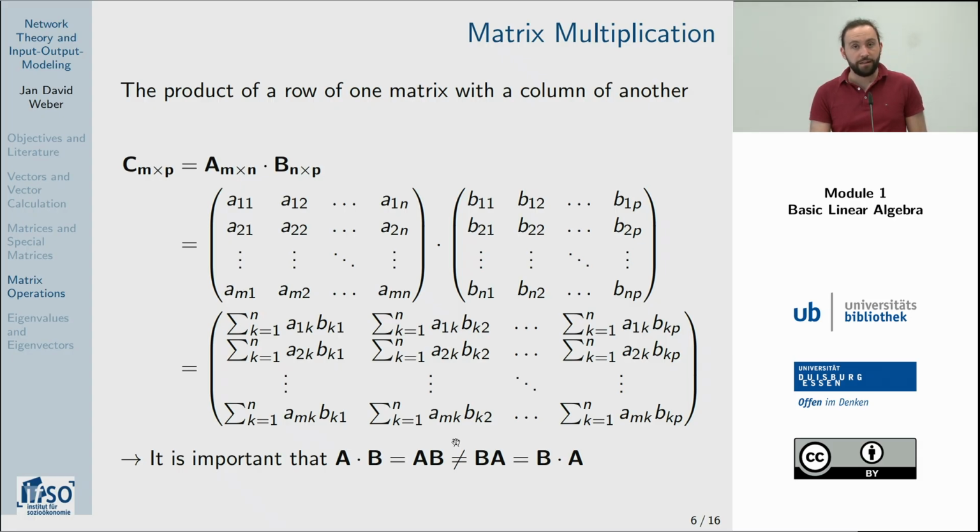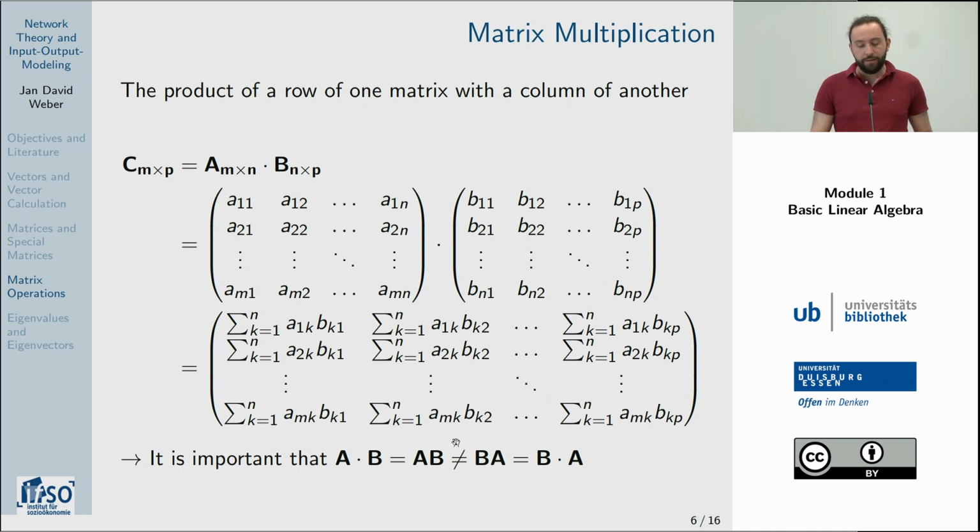And the reason for that is really messy here. We're not just multiplying the element A11 with the element B11. No. What we're actually doing for the first element in C, so C11, is taking the first row of matrix A, so A11, A12, A13, and so on.